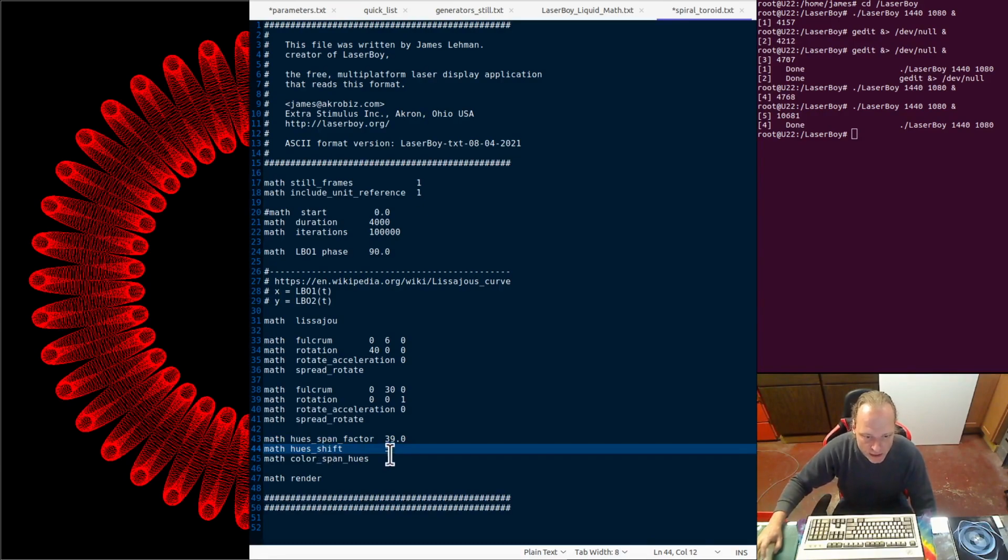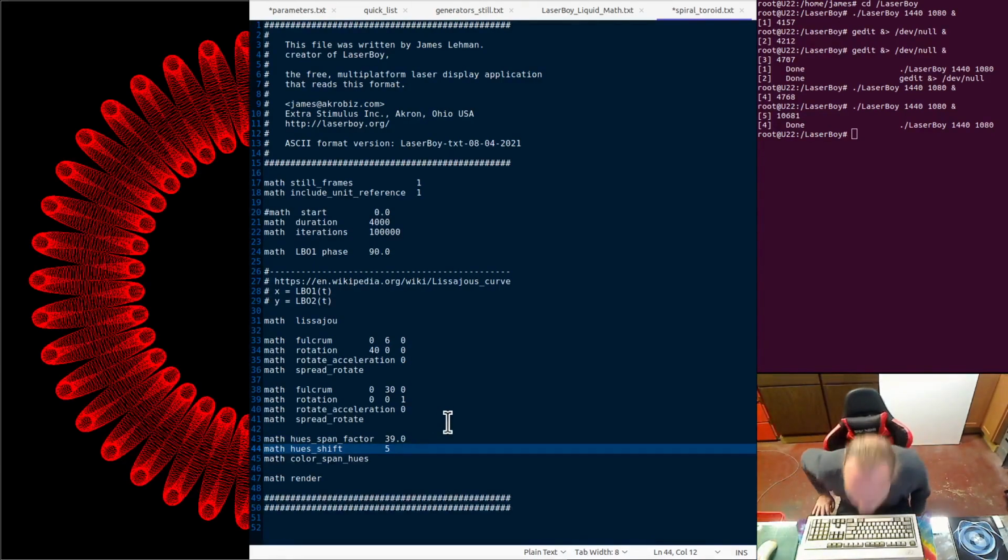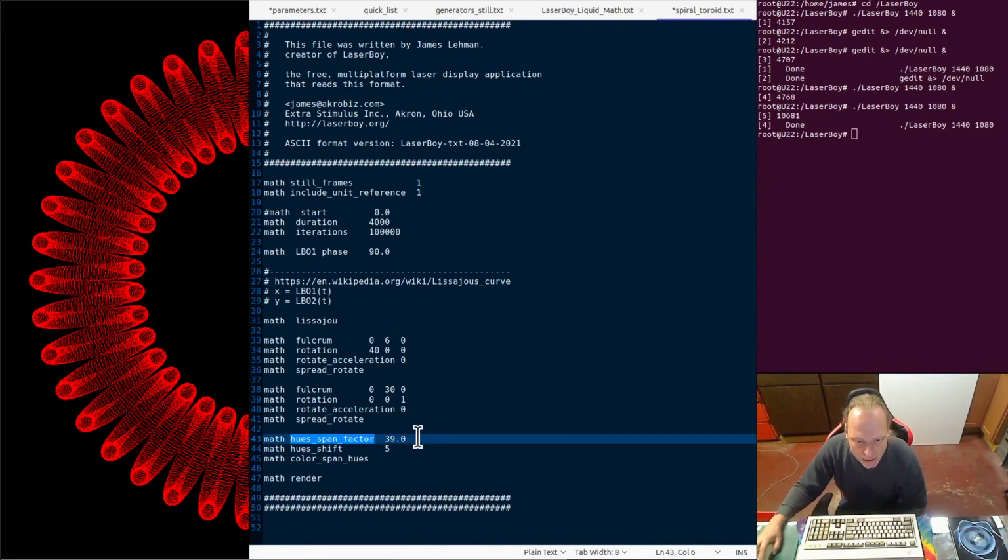And hue shift in this case doesn't really have any effect because we're only looking at one single frame. Hue shift has to do with animating the way the hue palette moves through a set of vertices. But the hue span factor is relevant here because hue is actually a palette of 1530 RGB values that are all fully saturated hue.